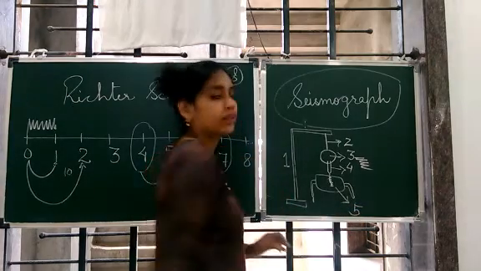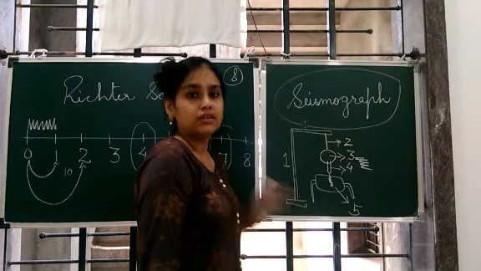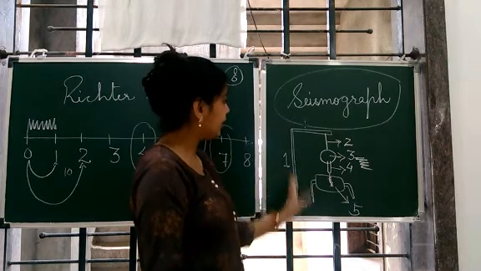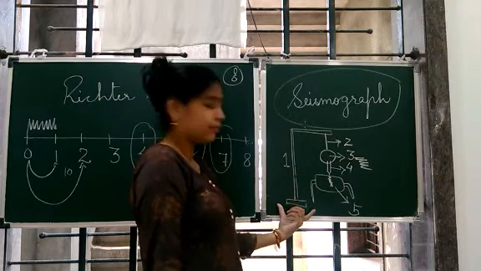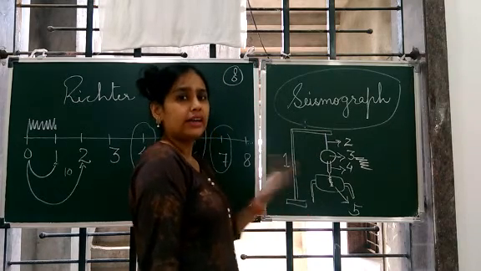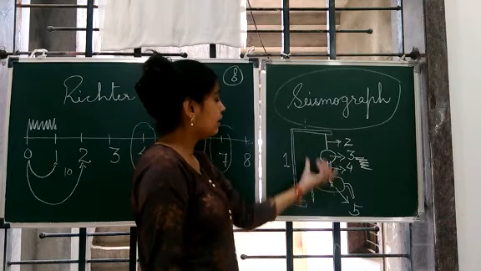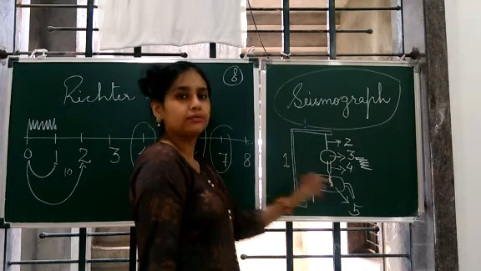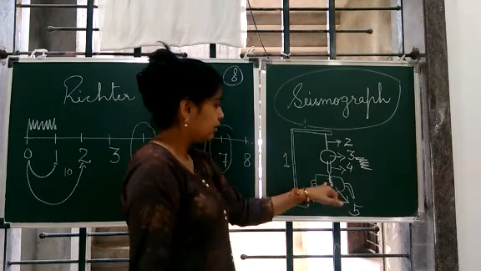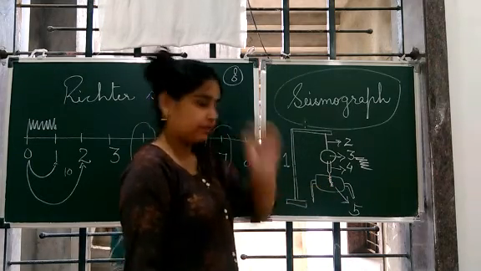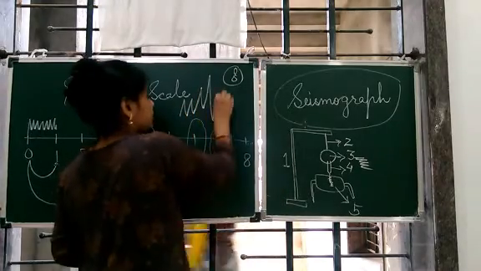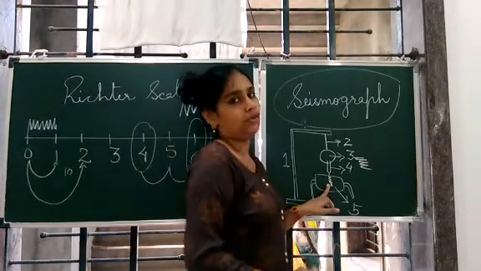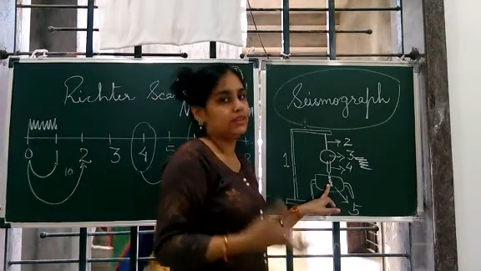These five things. And as the shaking appears, the tremors, what happens? This entire thing starts shaking. Why? Because it is kept on the surface of the earth. It starts shaking and this starts rolling, and the pen starts writing the reading on the paper. The waves appear like this, and we get the reading of the magnitude of the earthquake.